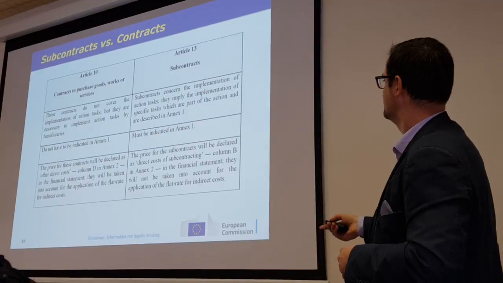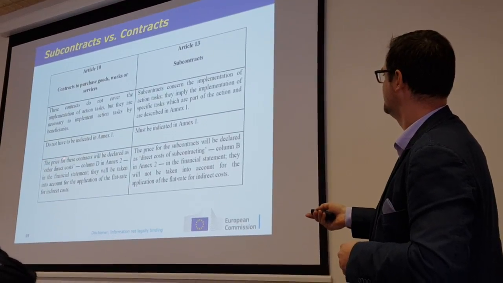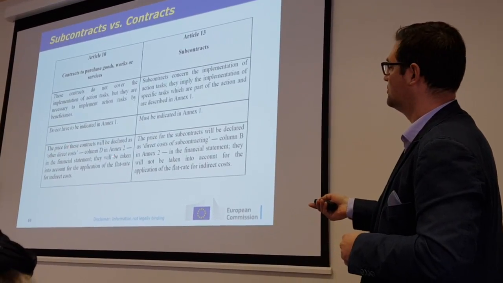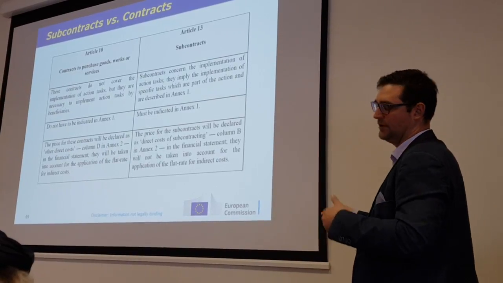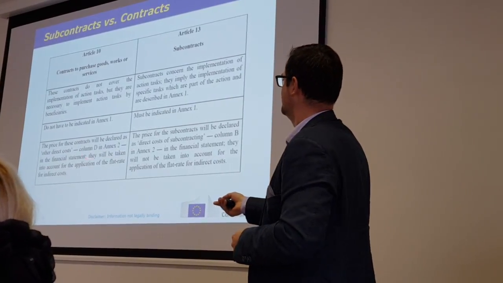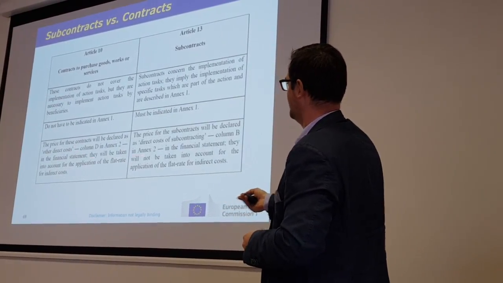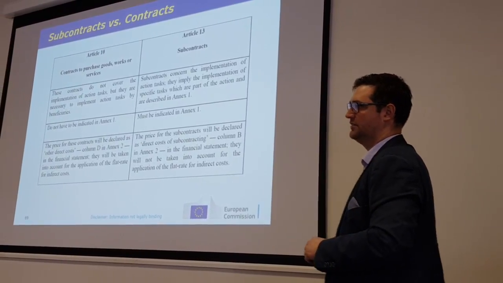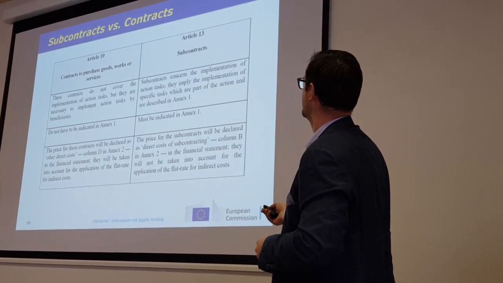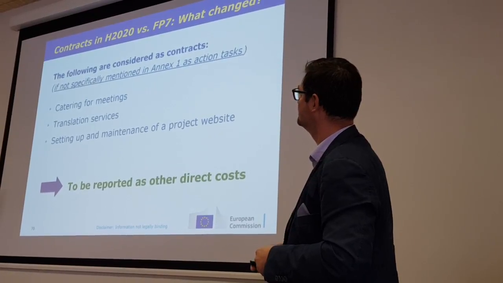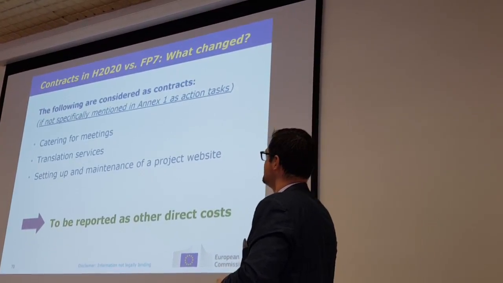And there is also a difference between where you are going to declare them, of course. If it's a contract, then it's under other direct cost. If it's a subcontract, then it's under the column direct cost of the subcontracting. Here you can see an example.